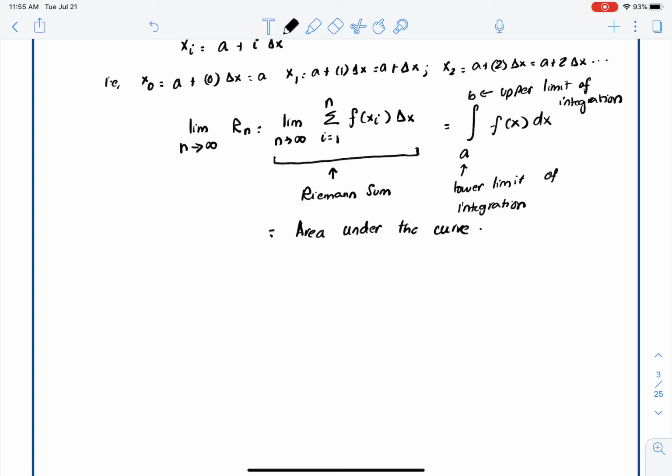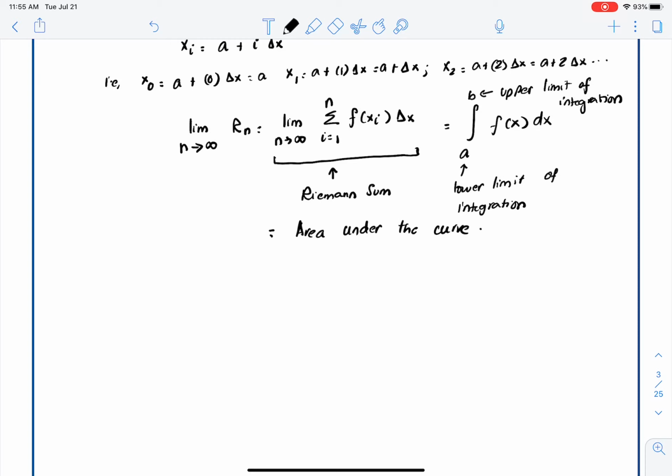So the idea is the same. We take the limit of the Riemann sum to get the area under the curve. But finding the difference quotient each and every time to find the derivative is time consuming, which is why we have properties and formulas for certain derivatives, and we can simply make use of those formulas to find the derivative of the function.